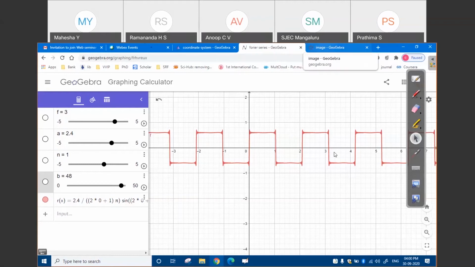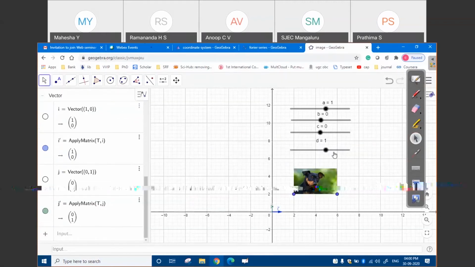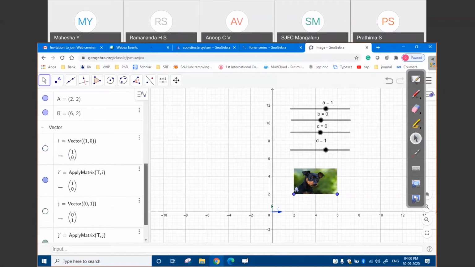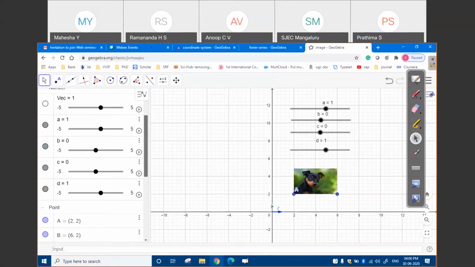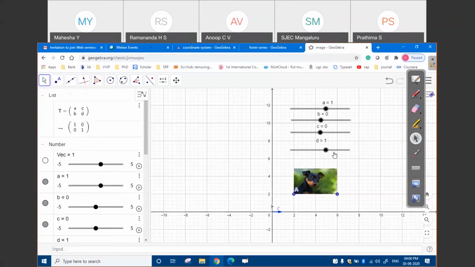Another example I am going to explain here is how to use a linear transformation. I'm using an image here, which has two points A and B represented by two vectors. We know that we can transform the vectors. I have a transforming matrix with entries A, B, C, D, whose values I can change here.